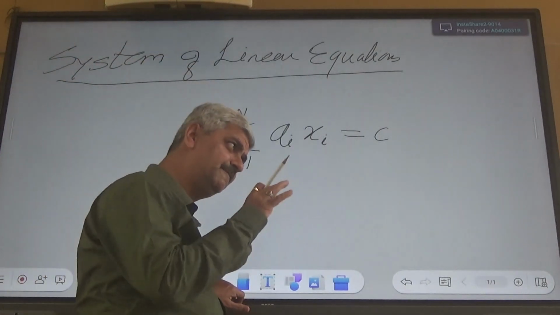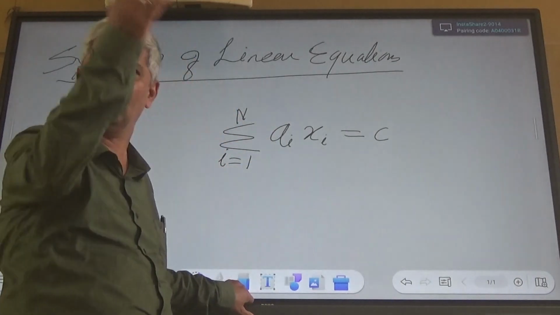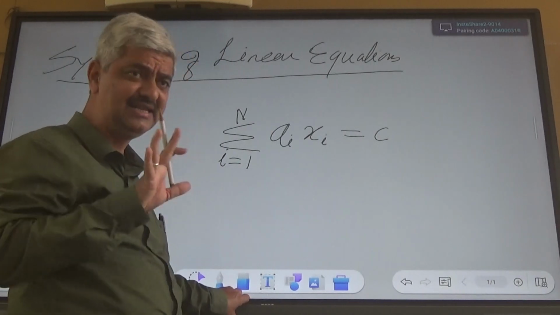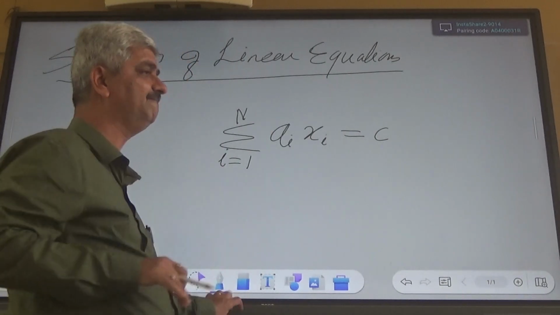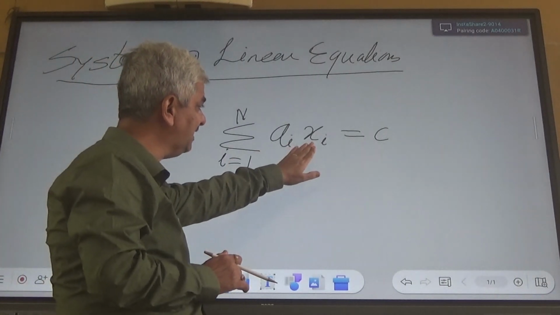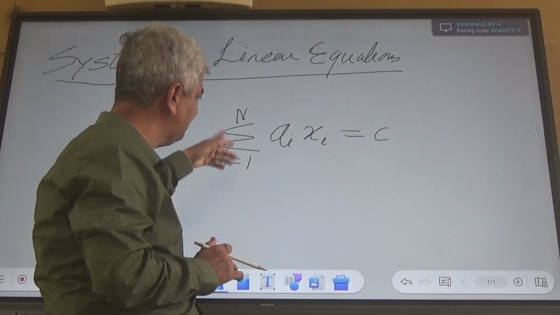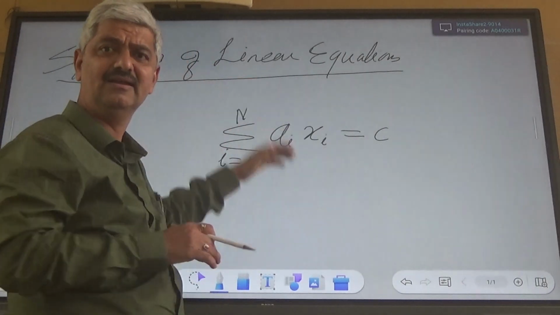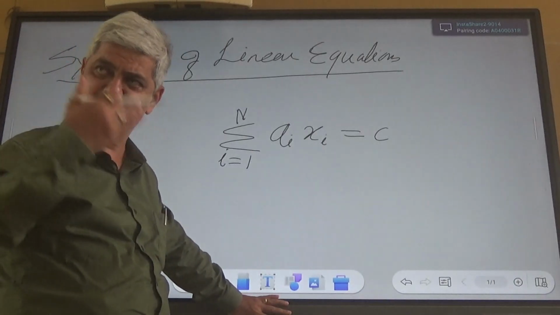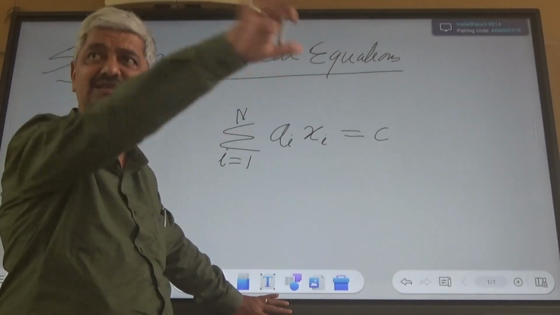We restrict to number of variables equal to 2, then we increase to 3 and then beyond. Right? So I hope that you understand each and everything that I uttered here. Instead of xi, which can be 1, 2, 3, 4 like that, sometimes it is better to use xyz, because xyz gives us a feel of 3D.